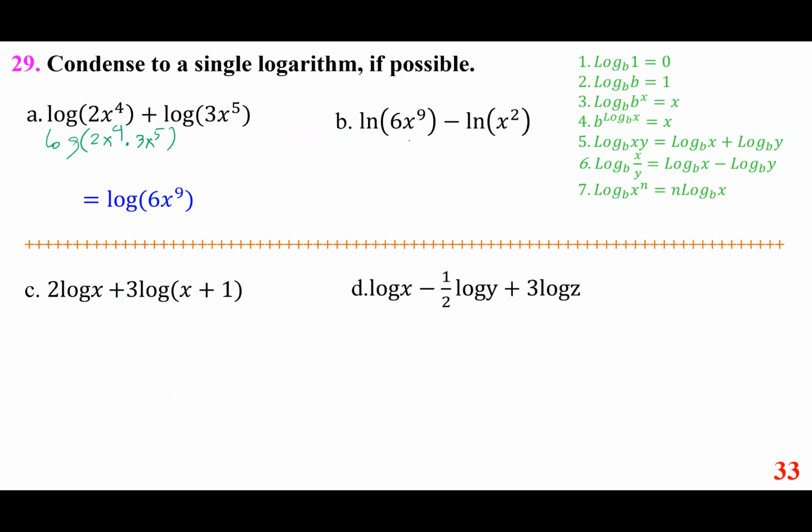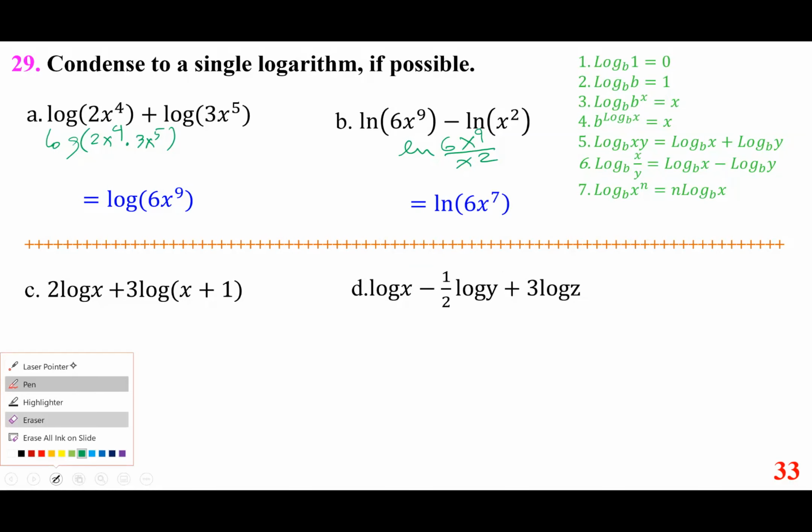Part B, we're going to divide, and we get this one. In part B, everyone, we are using the quotient rule. Remember, you can go from left to right, you can go from right to left. So we are going from right to left.